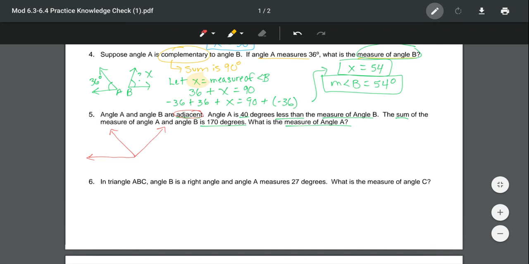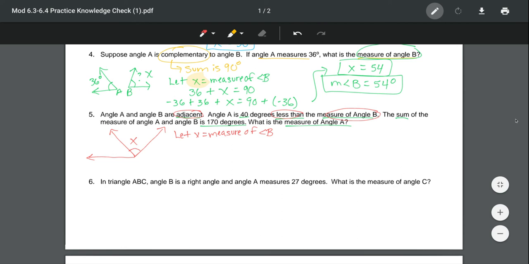So we're told that angle A is 40 degrees less than the measure of angle B. We don't know the measure of angle B, so let's start there. So I'm going to let x equal the measure of angle B. Okay, so I'm going to define angle B as x.